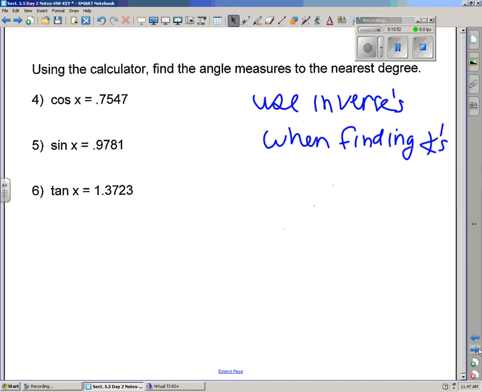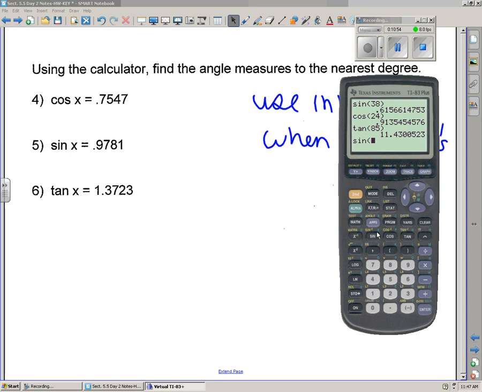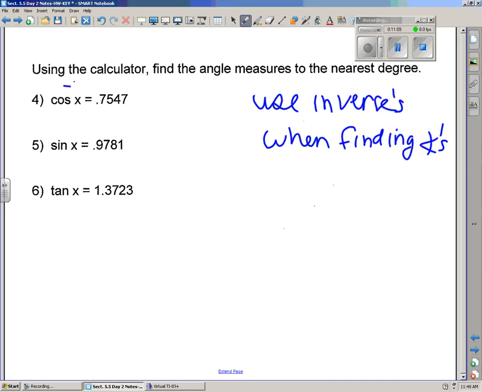Okay, so if you look at your calculator, above sine, you see in yellow sine -1, and above cosine, you see cosine -1, and above tan, you see tan -1. Those -1s are inverses. So what you're going to have to do here is you're basically looking for the inverse function.